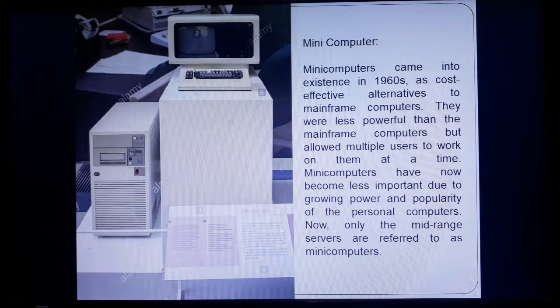As mainframe computers are very costly, as an alternative to mainframe computers, we use mini computers. They were less powerful than mainframe computers but allowed multiple users to work on them at the same point of time.